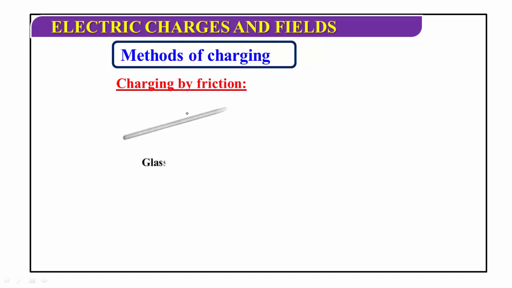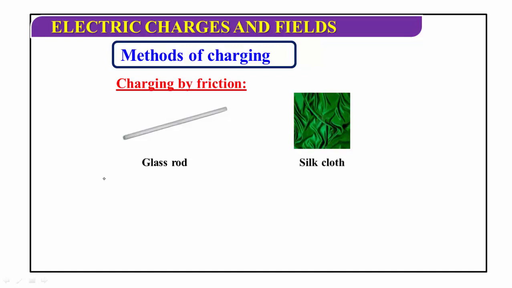Now I consider one glass rod, which is an insulating body, and another one, a silk cloth. These are the two insulating bodies.